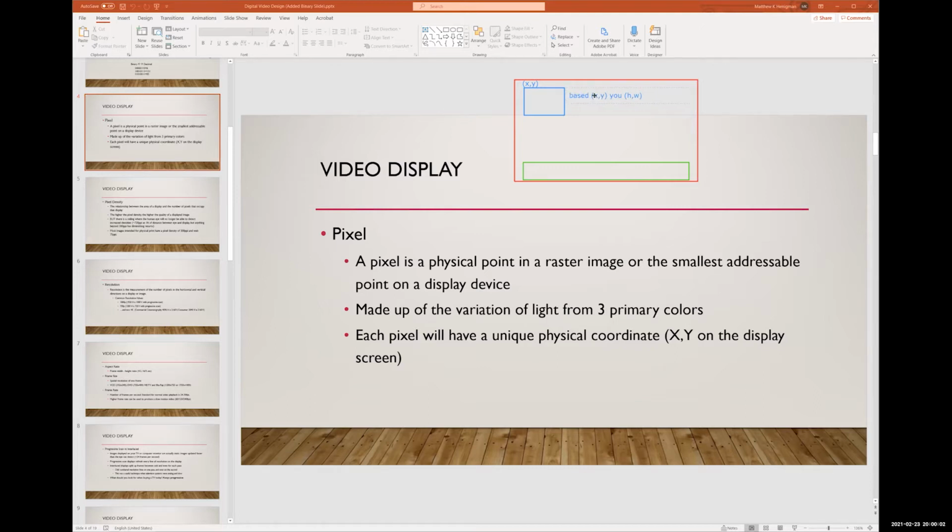The pixels is the common standard that you'll see across everything, right? So we have our XY, and then we have our height and width, okay?